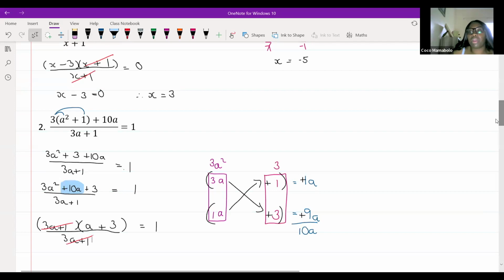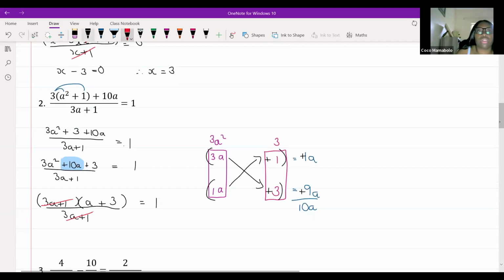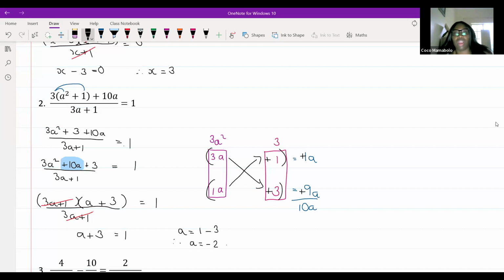And now my question just reads, a plus 3 is equal to 1. And then I can solve for a. I'm just going to go a is equal to 1 minus 3. Therefore, a is equal to -2. All right. Thumbs up, thumbs down. How are we feeling about that?